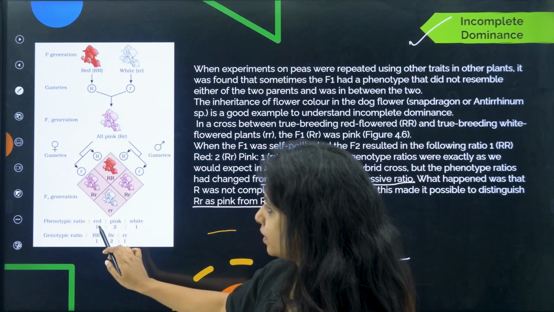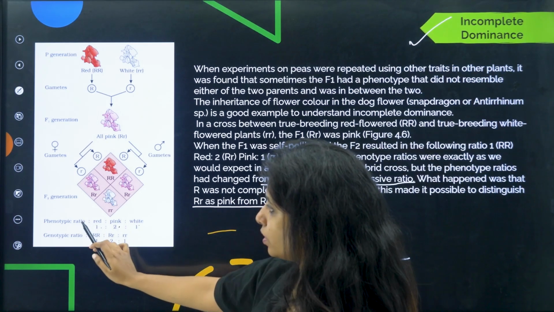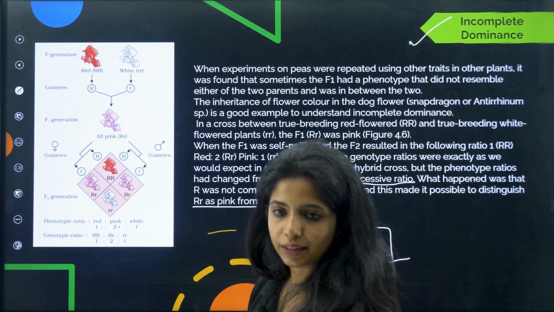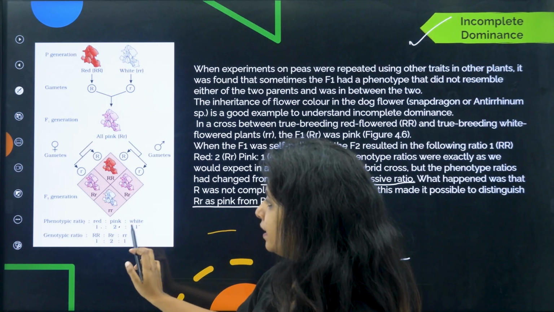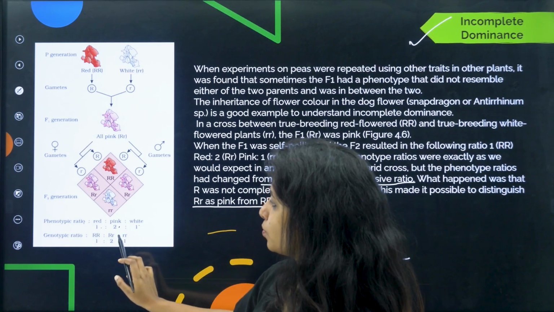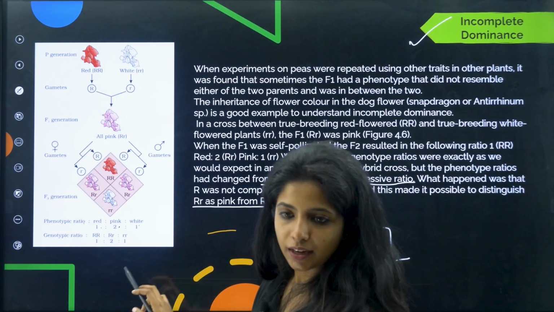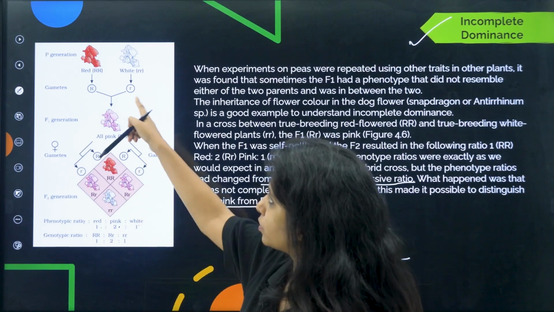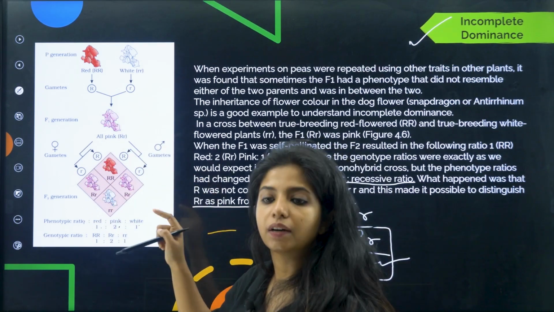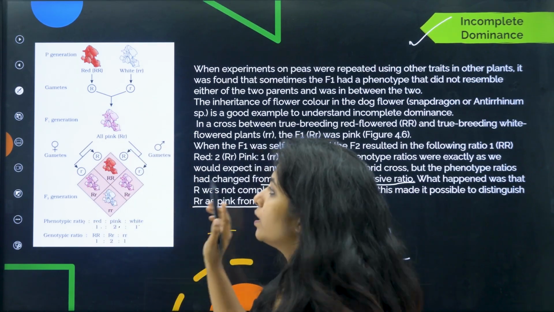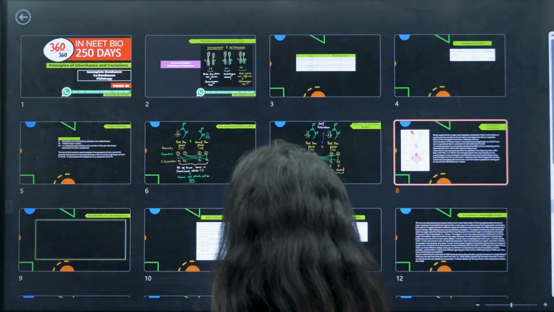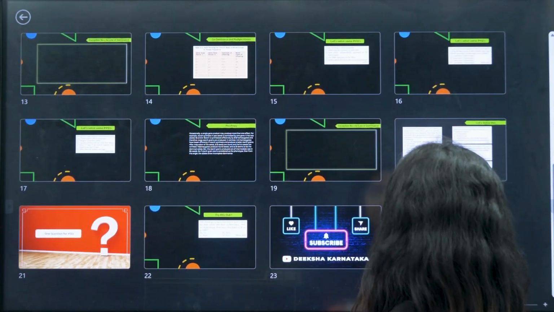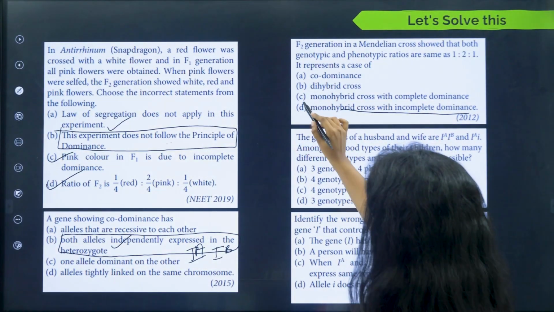Okay, here you see 1:2:1 genotypic and phenotypic ratio we saw, right? Red, pink and white, and also capital R, small r and small r. In F2 generation it was shown in monohybrid cross. We are talking about just one trait over here, that is the flower color, and it is showing incomplete dominance. So let's go back over here. This is the correct answer.